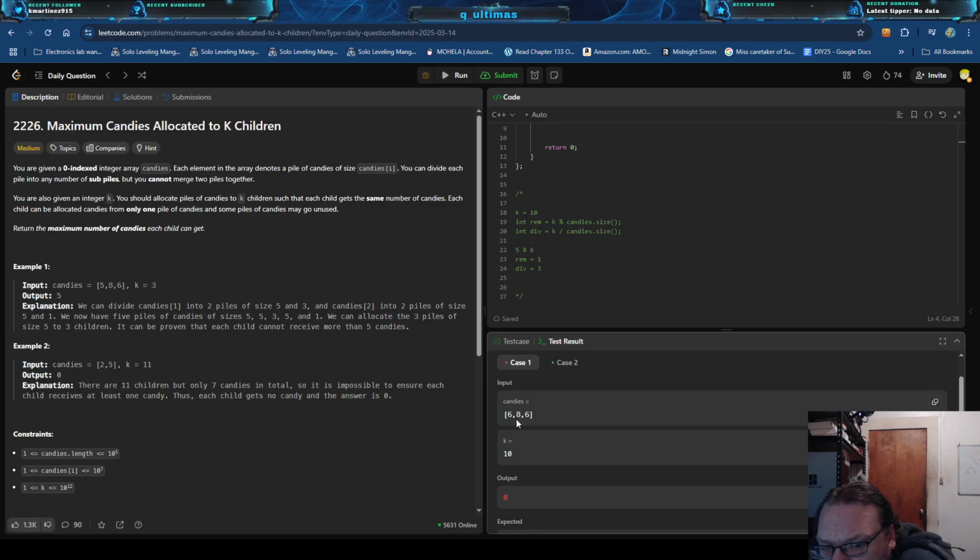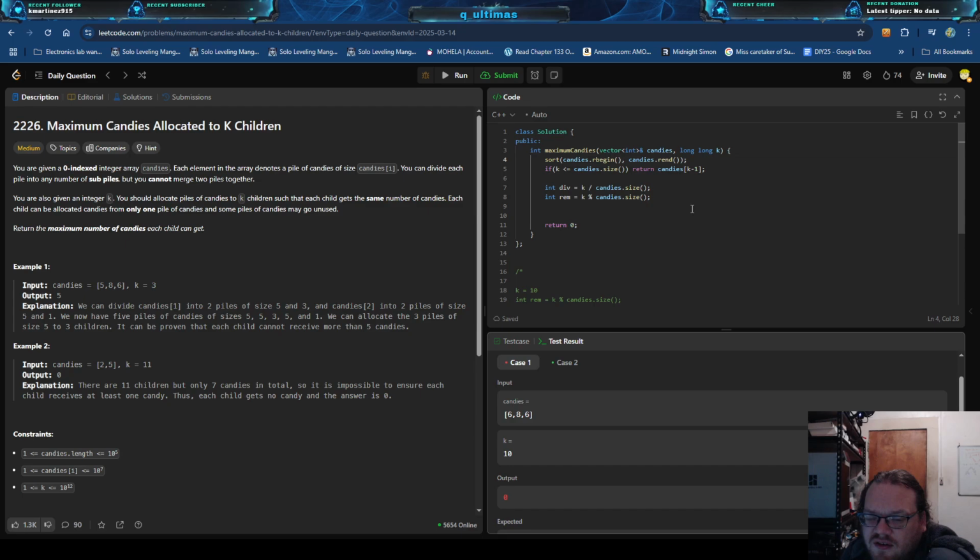You have 3, 3, 3, and then 1 extra. So we would add 4. So it's the div plus the remainder until there's no more remainder from the greatest value.